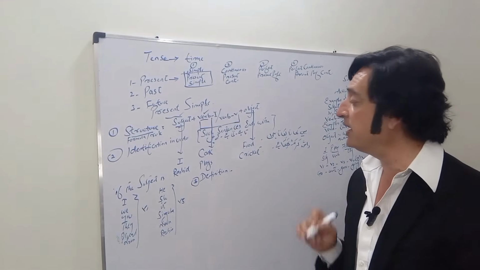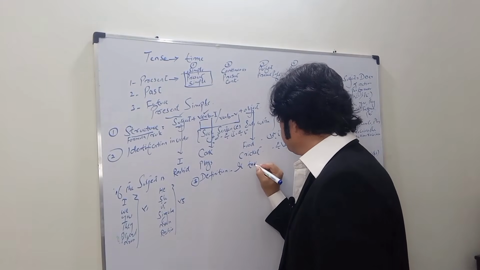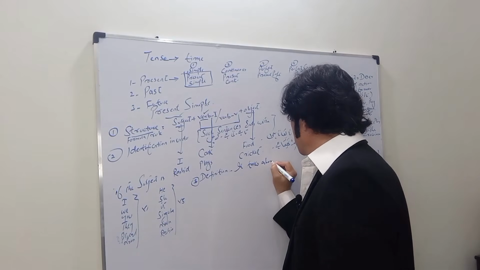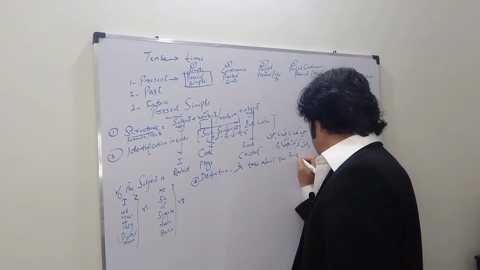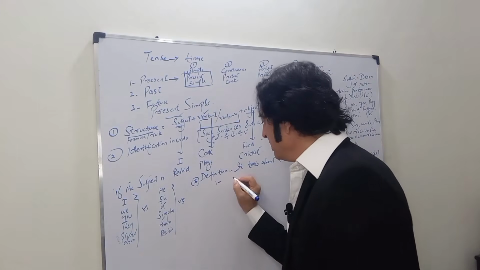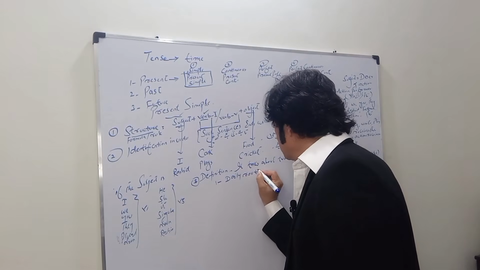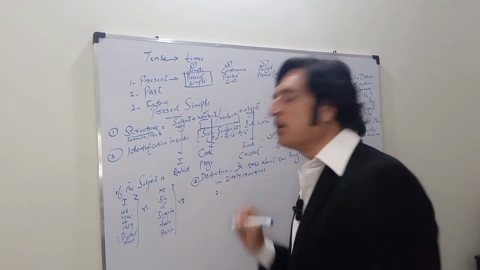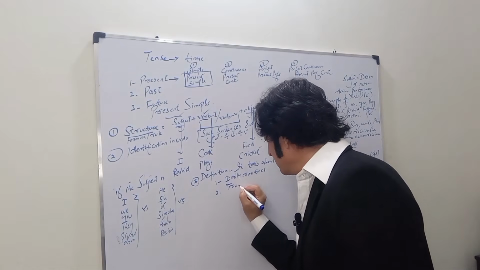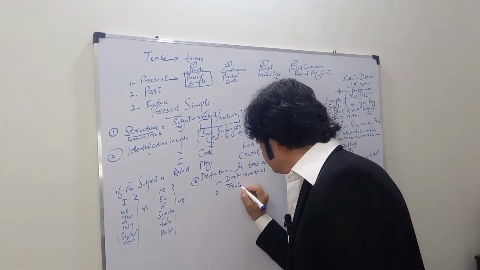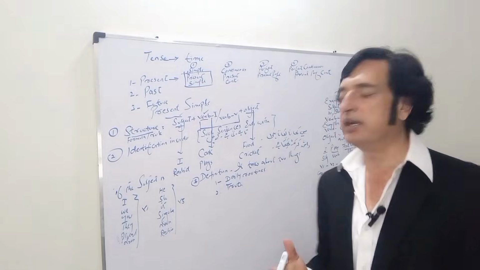The present simple definition is, it talks about two things. Number one, daily routines. And secondly, it talks about the truth, the reality, facts.